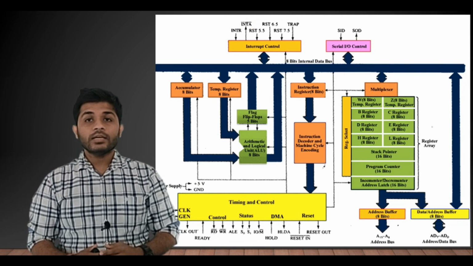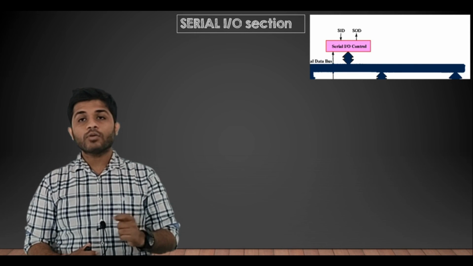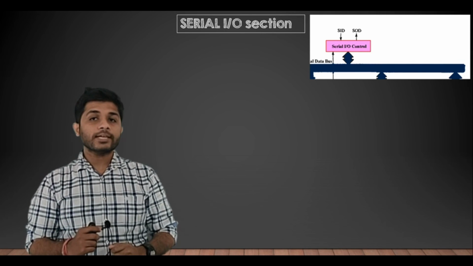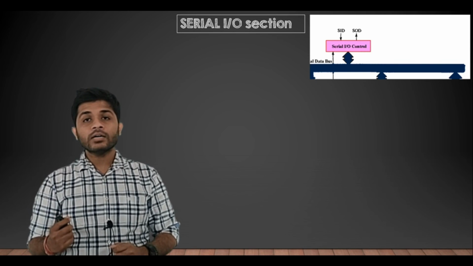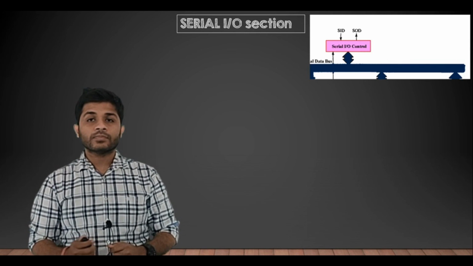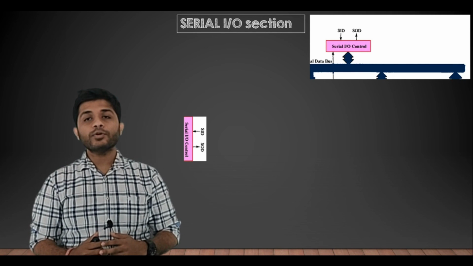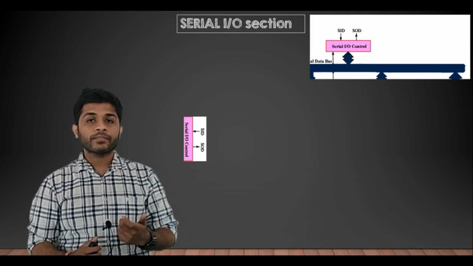Now let's see the next block, which is the serial input output section. Using this section, the microprocessor can send data to peripheral devices. There are 2 pins in the serial input output section, SID and SOD.